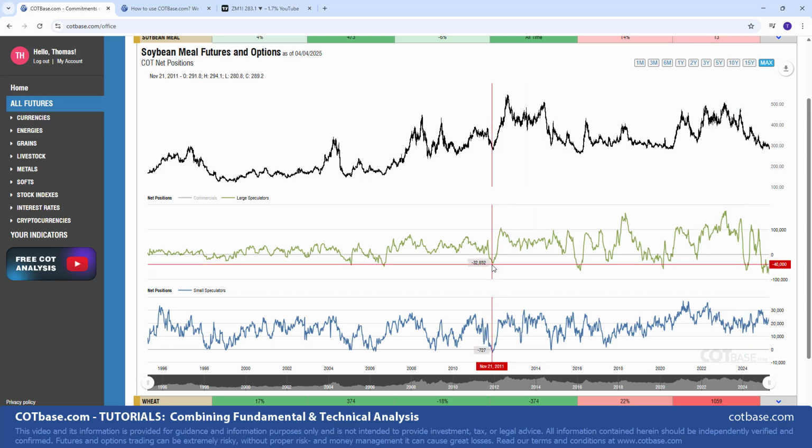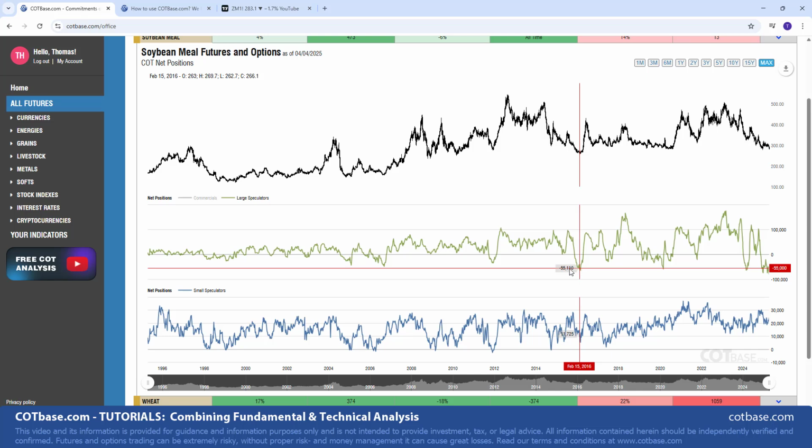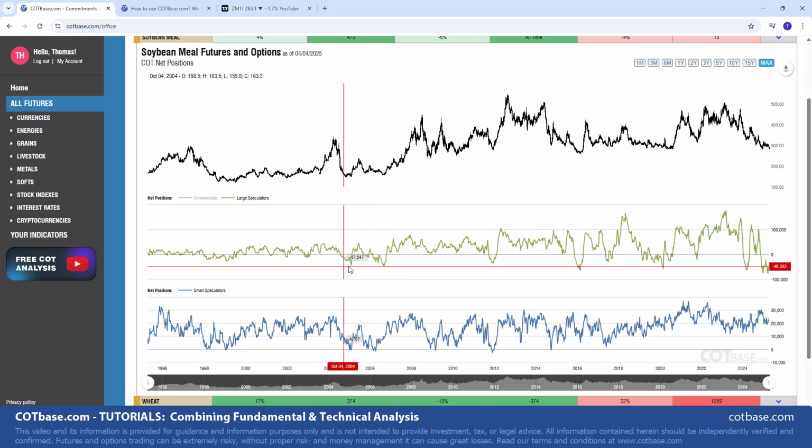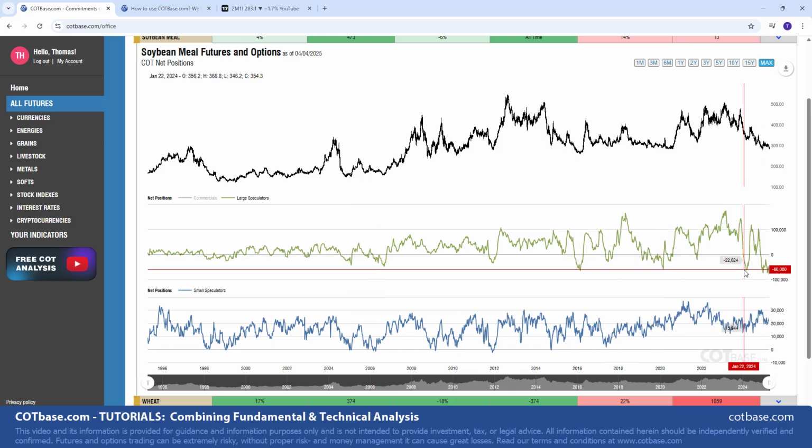And you can see these extremes in the past, how well they coincided with a bottom in the market, right? It's very, very accurate on soybean markets, I would say. So it suggests that soybean meal futures should rise.